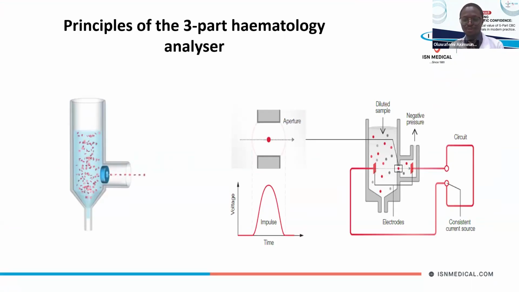It doesn't speak to the electrical computations, algorithms, and the wiring of the automated system. But also know that even though this is just a basic diagram, the automated analyzer, whether 3-part or 5-part, is a very sophisticated piece of equipment.